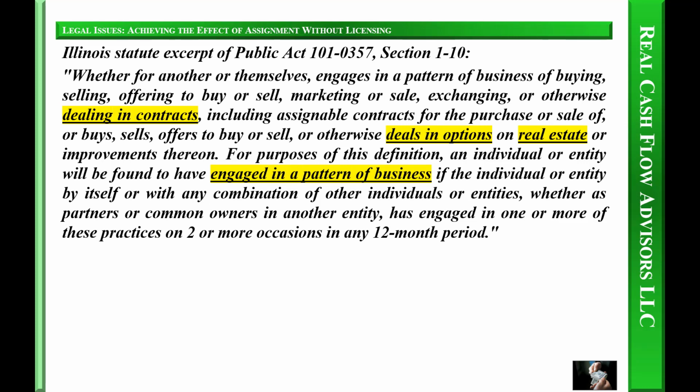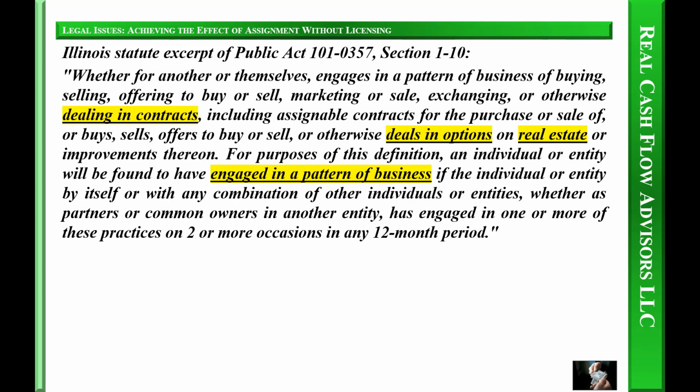Illinois Statute Excerpt of Public Act 101-0357, Section 1-10. Whether for another or themselves, engages in a pattern of business of buying, selling, offering to buy or sell, marketing or sale, exchanging, or otherwise dealing in contracts, including assignable contracts, for the purchase or sale of, or buys, sells, offers to buy or sell, or otherwise deals in options on real estate or improvements thereon.